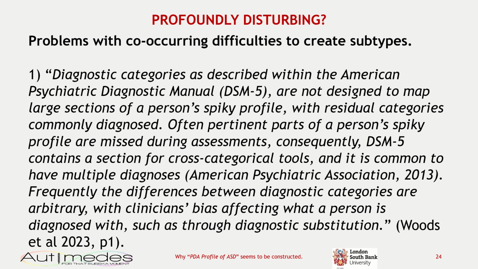The reason I mention this is that psychiatric categories like autism are not designed to have features from other categories arbitrarily lumped together with them to make new categories. For example, they're not designed to have anxiety lumped in with features of hyperactivity, impulsivity or various conduct problems to make an autism subtype like PDA.